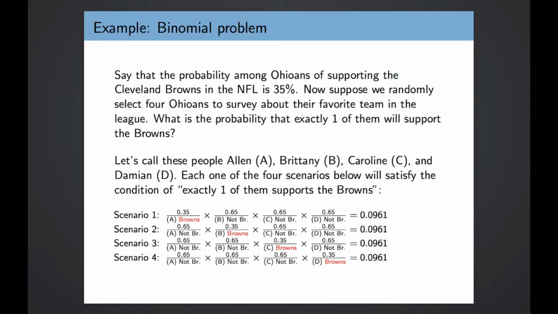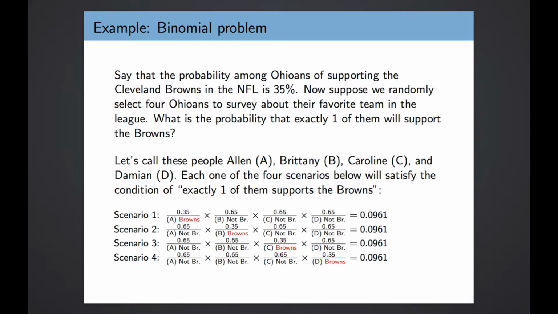In each of these scenarios, the probability of that particular person supporting the Browns and the other 3 people not supporting the Browns is 0.0961. That's the 0.35 probability of one person supporting the Browns, multiplied by the probabilities for each of the other 3 people not supporting the Browns.